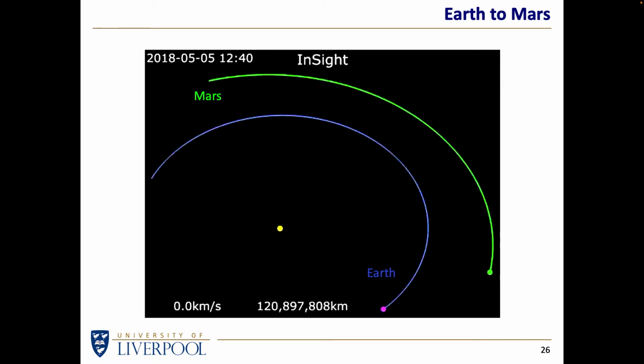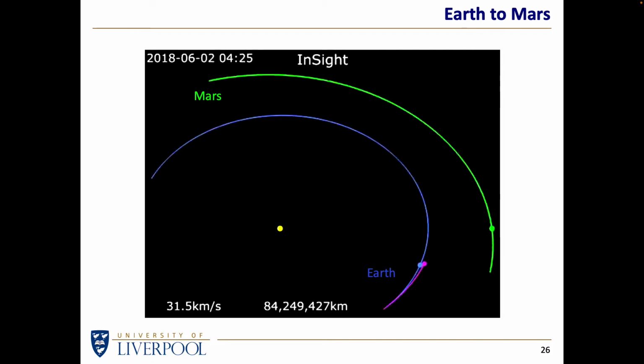We don't necessarily wait until Earth and Mars are as close as they can be. We want Mars to be a little bit ahead of the Earth, because if it leaves Earth here, it won't arrive at Mars until we're on the other side of the solar system. And we can see that in this little simulation.